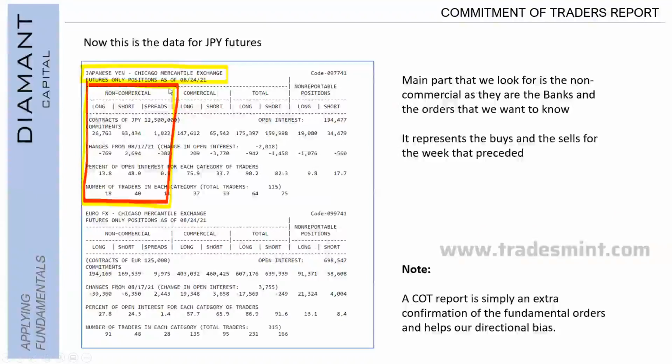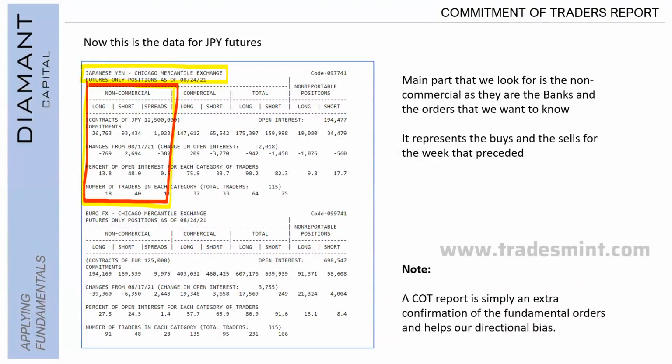In terms of non-commercial, this is the one that we're going to be looking for, because that is actually the banks and all the larger institutions, and they're called the non-commercial. The commercial are the businesses, for example. They would buy that futures contract as a trade, but in fact, this has a direct effect in their marketplace.